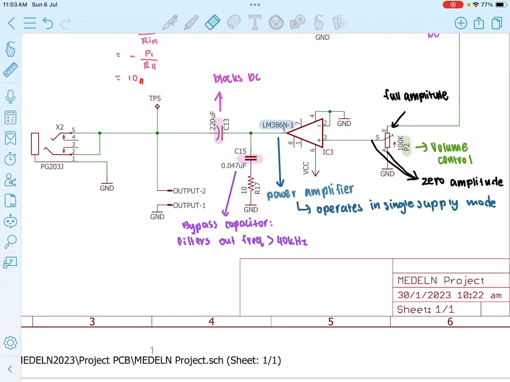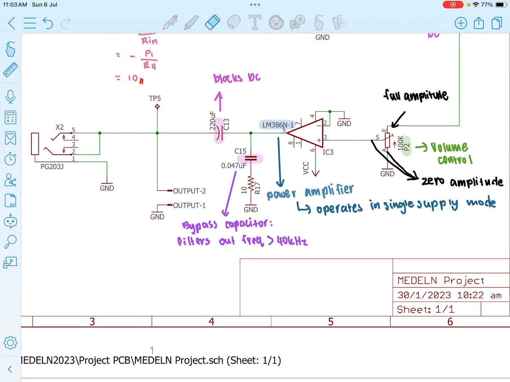Finally, we move on to the last stage, the power amplifier stage, which uses IC3, an LM386N-1 audio amplifier. This IC is responsible for driving the speaker, and unlike the previous op-amp stages, it is designed to supply current in addition to voltage gain. The IC is internally biased for single supply operation, so no external voltage divider is needed to shift the signal.